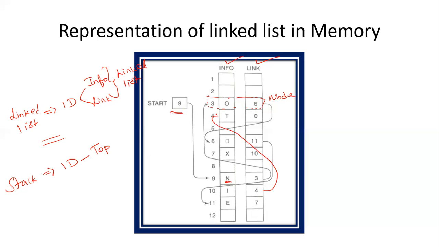In 4 you get information T, and you can see that is the termination point because it's not connected further. There is no subsequent node, so that becomes the end of the list. That's how we use the two one-dimensional arrays for information and link combined, and that forms the linked list representation.